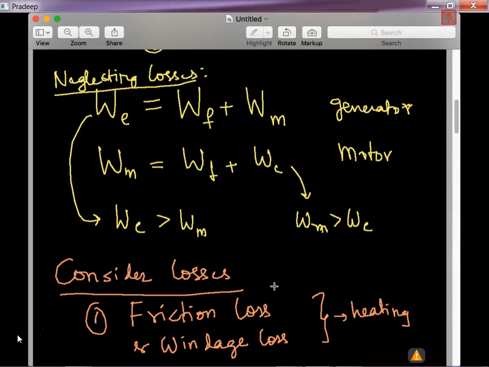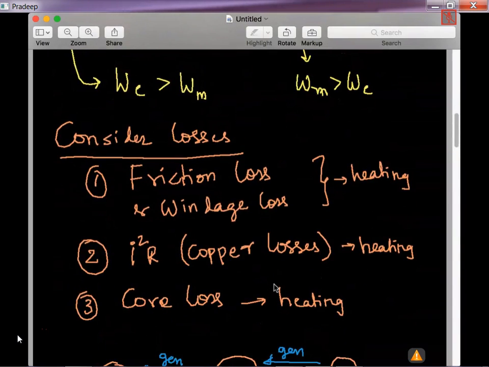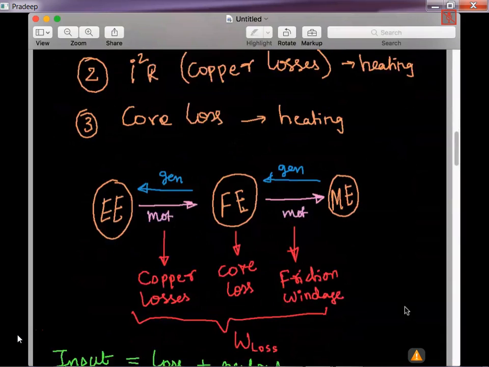Now, considering losses, there are three types of losses. One is friction losses and windage losses. Another is copper losses, which are because of the I square R losses. And finally core losses. All these losses result in heating of the machine. Now if you consider the losses, the diagram becomes something like this.